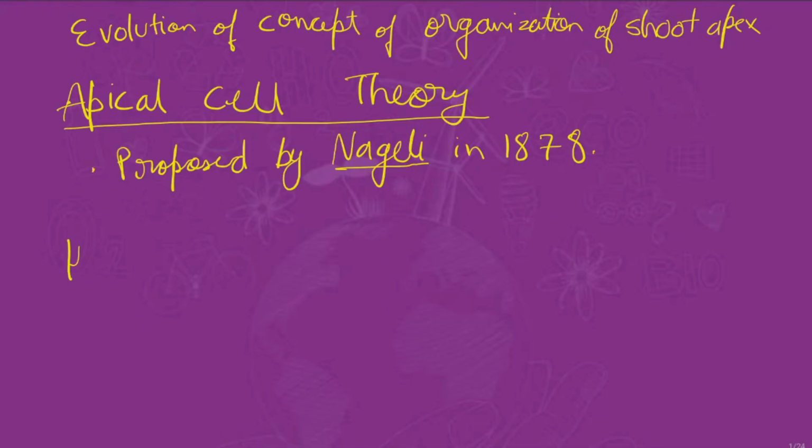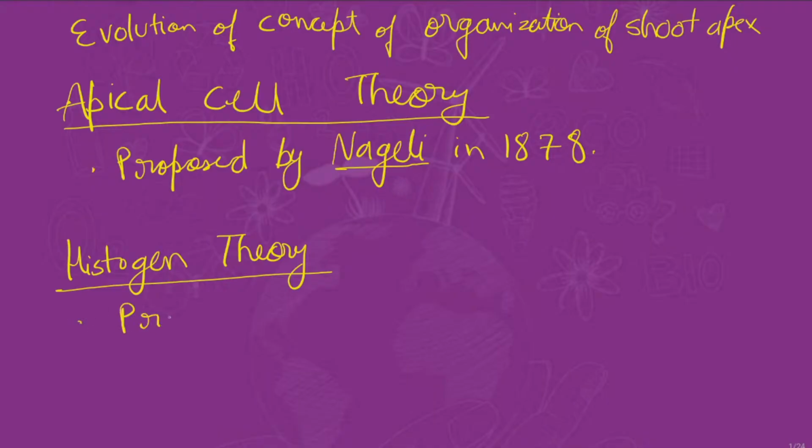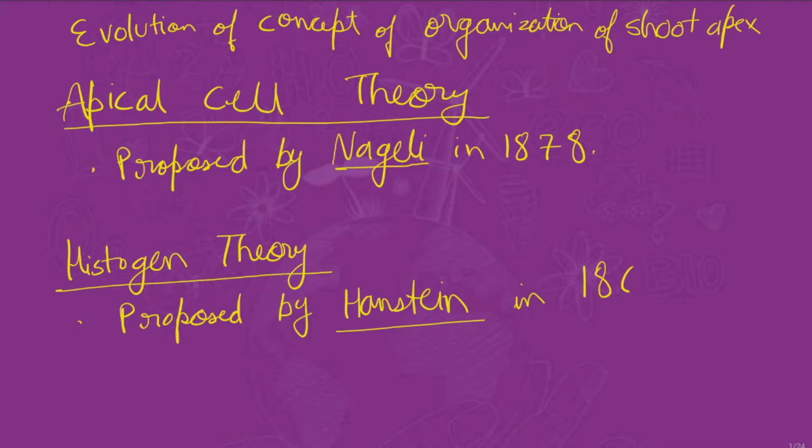And second theory, histogen theory. This theory was proposed by Hanstein in 1868.